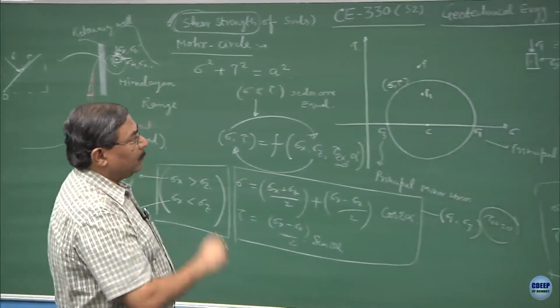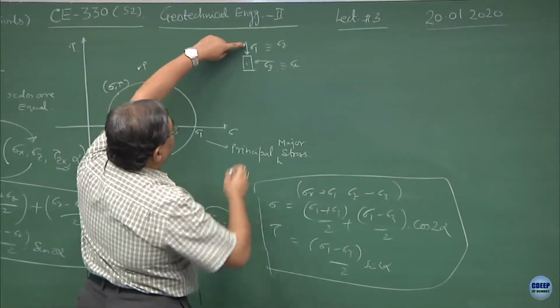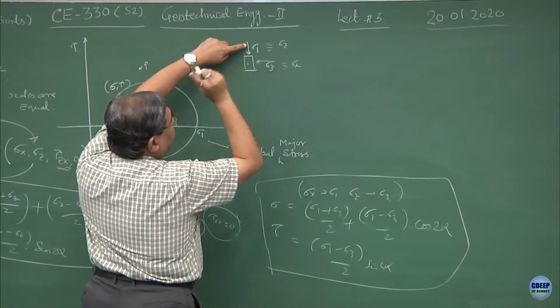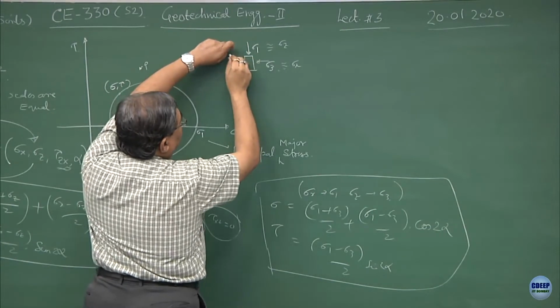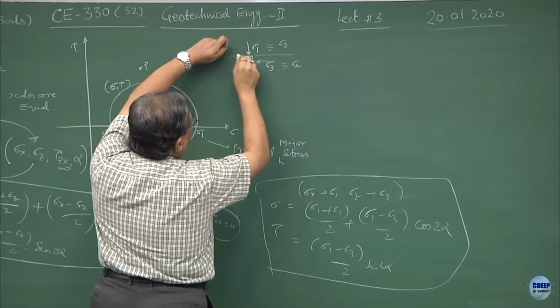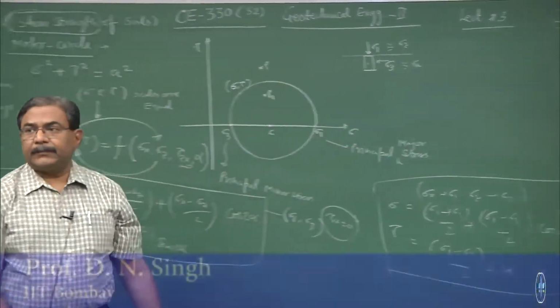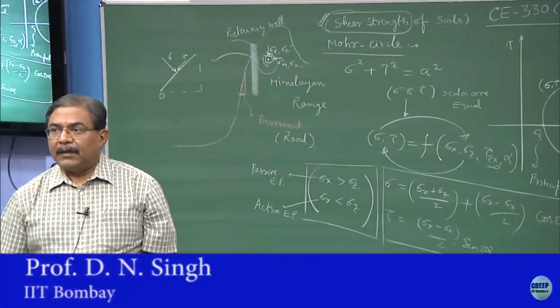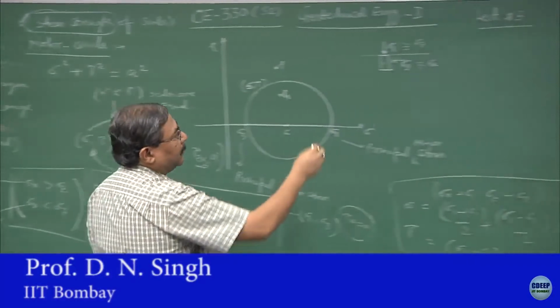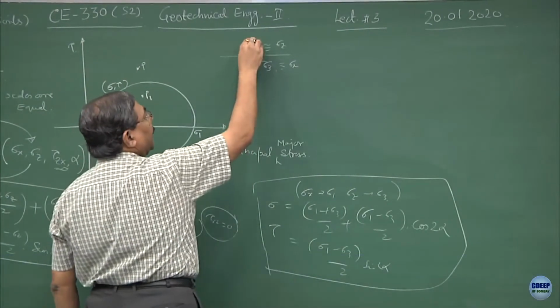Sigma 1 is the stress which is acting on the horizontal plane. This is the horizontal plane. Sigma 3 is acting on a vertical plane.